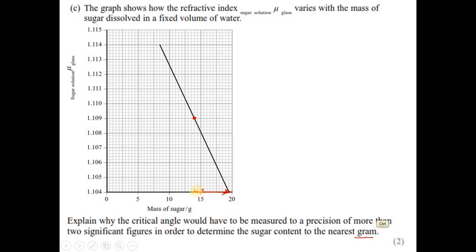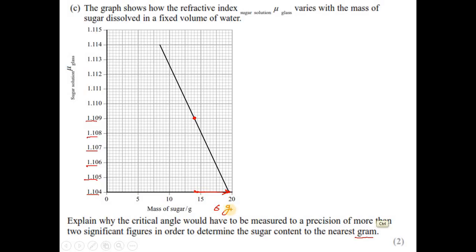Okay, mass is increasing, but if we are using just 2 significant figures, so 1.10, 1.10, 1.10, that means in case of 2 significant figures, there is no change in refractive index. So we have a change of the mass from 14 to 20 gram, we are changing mass around 6 gram.